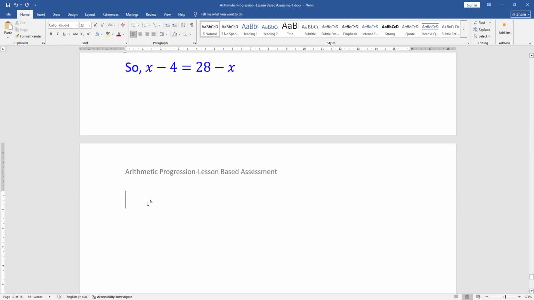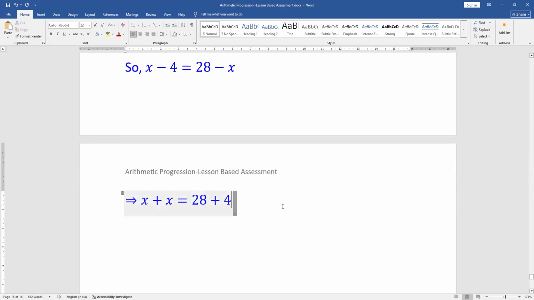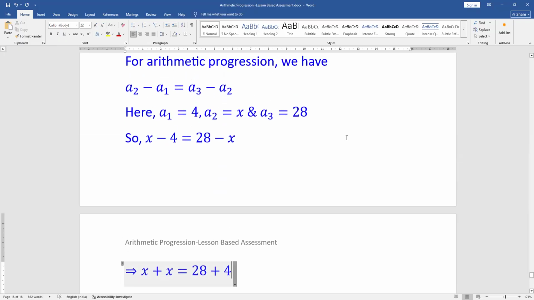So let me write that step. I write x plus x equals to 28 plus 4. Here I am showing with an arrow mark: minus 4 I move to RHS and then minus x I move to LHS.